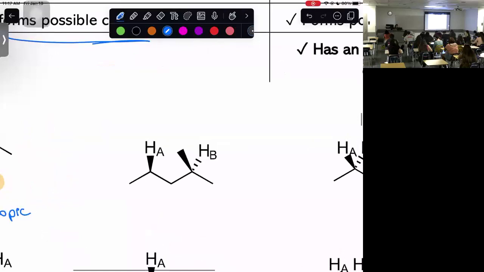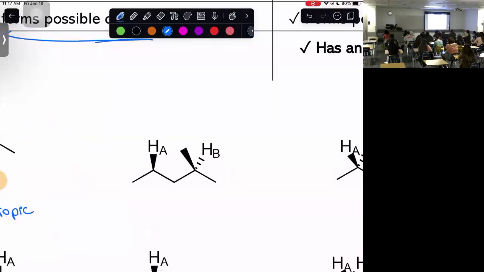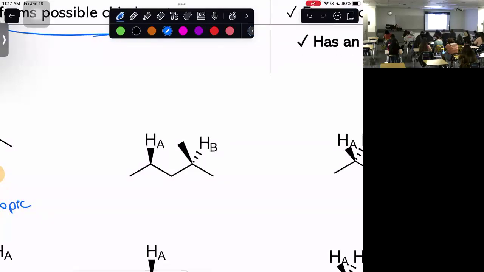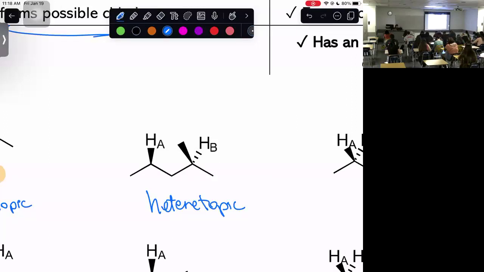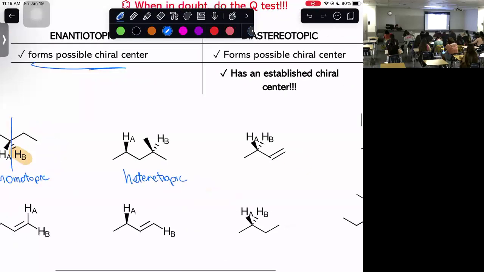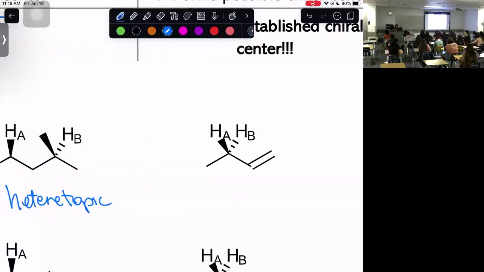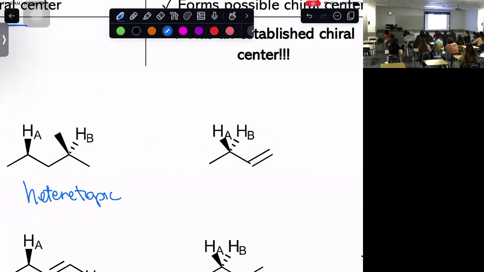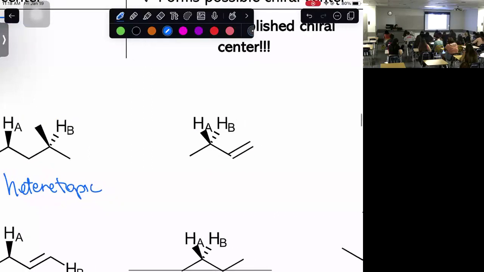Now, this one should be relatively easy. Relationship between HA and HB, what do we think? They're in completely different signals, so they're just going to be heterotopic. Next one, the one with the double bond.